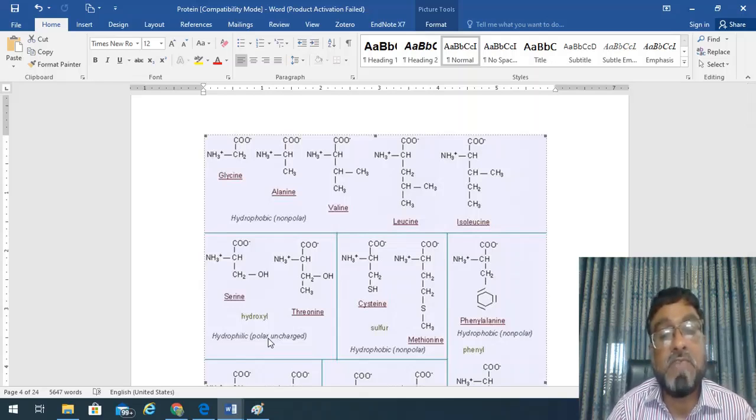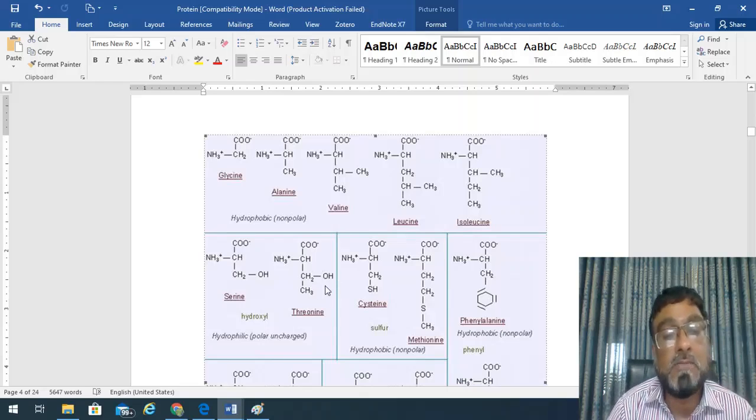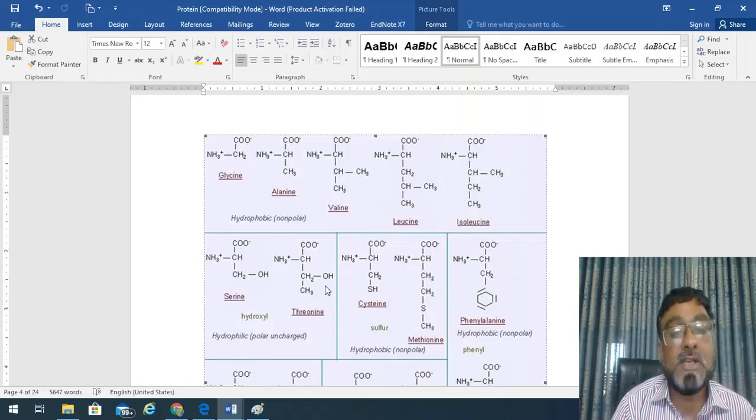And this polarity is originating from the hydroxyl group, this side, hydroxyl group. So there are two amino acids that contain the hydroxyl group. One is the serine and the other is the threonine. These two amino acids contain the hydroxyl group.